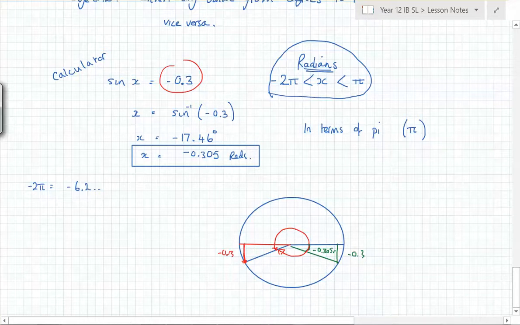So how will I find this angle now? Well, if I know that's minus 0.305, as Nikita said, this one will be pi minus 0.305, but minus that value, right? Now, again, we're all in decimals, so if I did that on my calculator, what do I get?